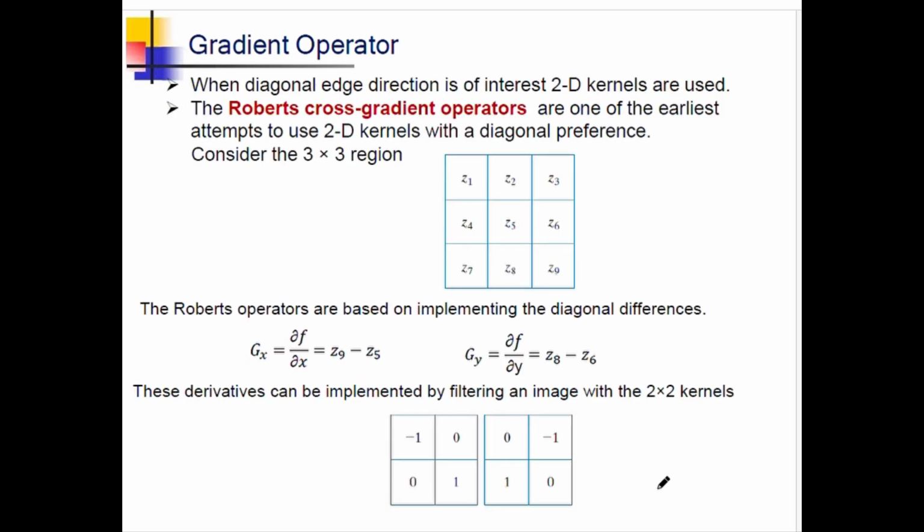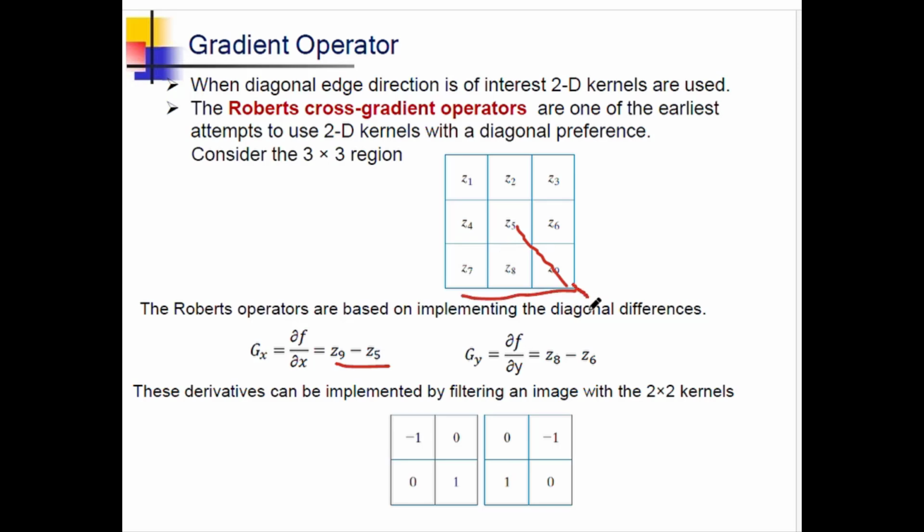If you want to go for diagonal, then there exist special operators called Roberts cross gradient operators, which are 2D kernels. Consider this 3 by 3 neighborhood of our image. Roberts operators are based on implementing the diagonal differences. What is ∂f/∂x? Z9 minus Z5. See this Z9 and this Z5. So you can find the edge along this diagonal direction. Why is it ∂f/∂x? Z9 is x plus 1 and Z5 is x.